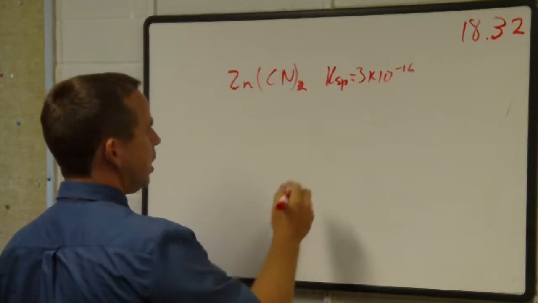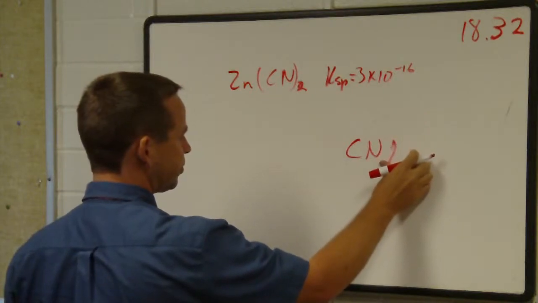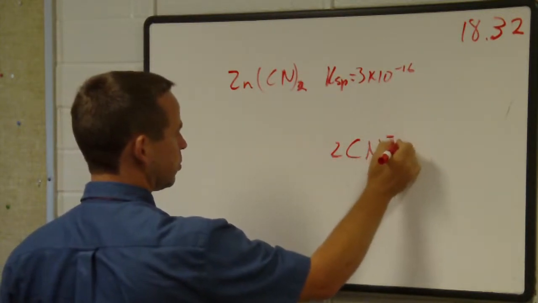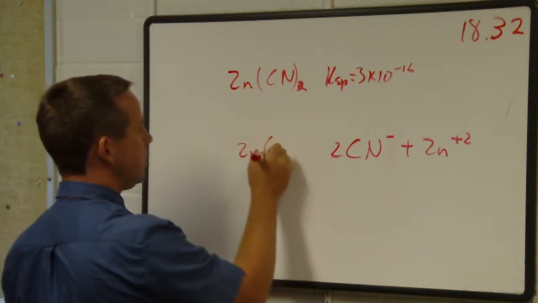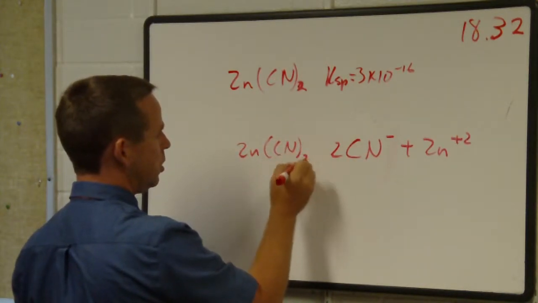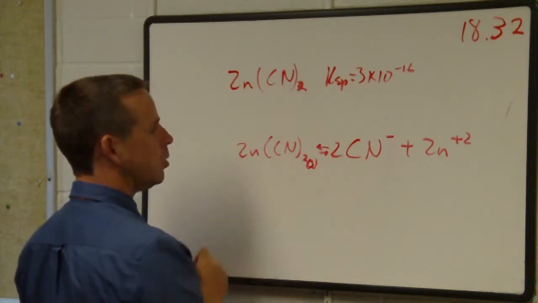So, there's 2 cyanides that dissociate, and 1 zinc ion for every zinc cyanide formula unit.